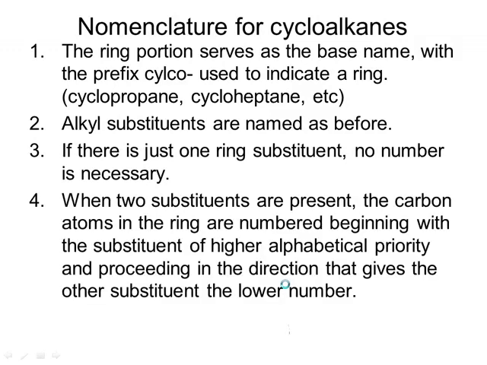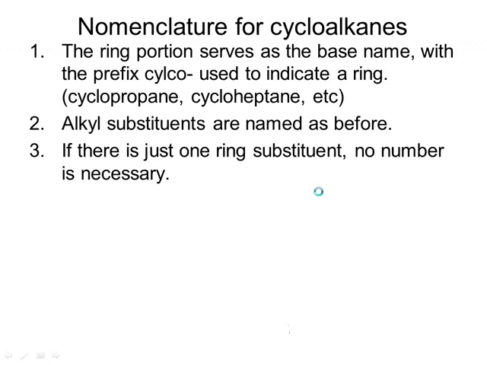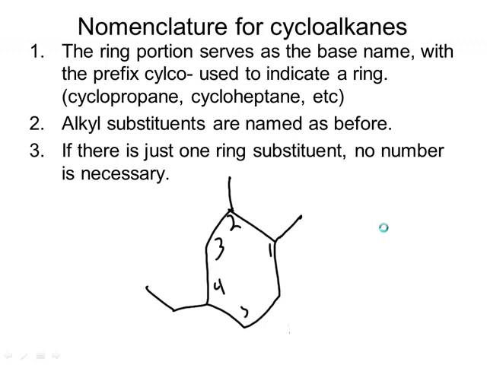When I have 2 or more substituents, we number beginning with the substituent of higher alphabetical priority, except we only use this as a tiebreaker. So again, I believe I mentioned this in class, if you have a methyl, methyl, and an ethyl, you're still going to start with one of these methyl groups because we want the numbers to be as low as possible. 1, 2, 3, 4, 5 gives us the lowest possible chance.